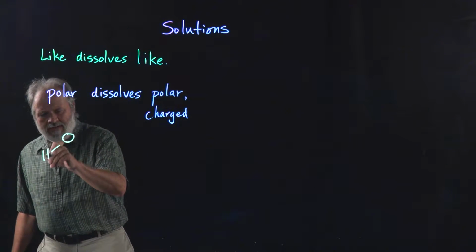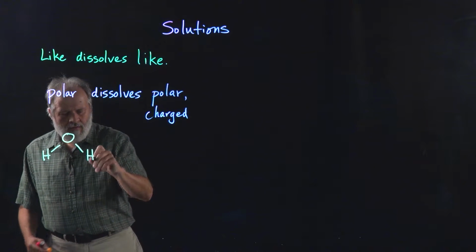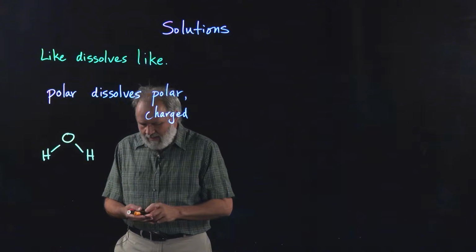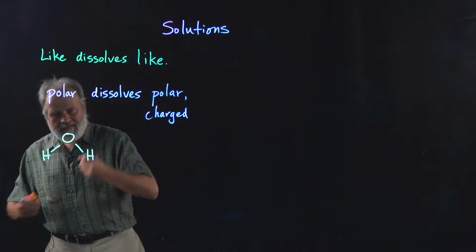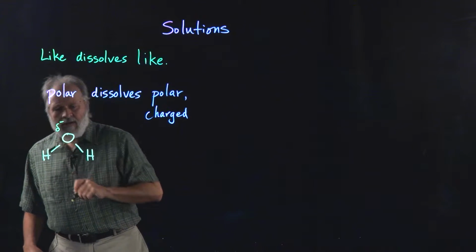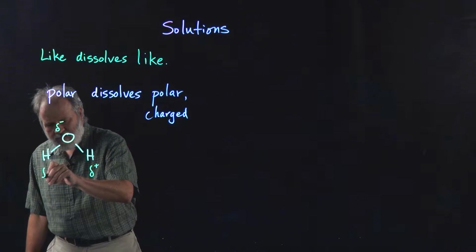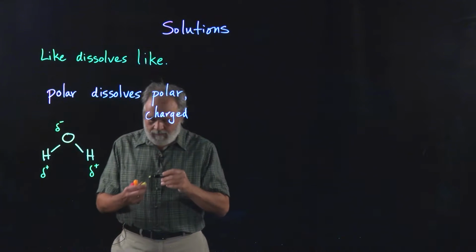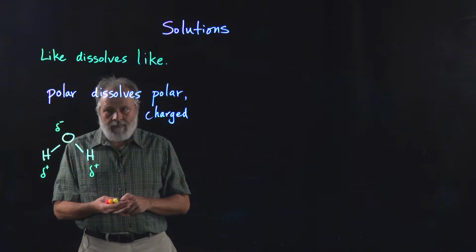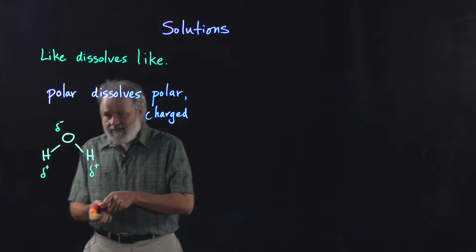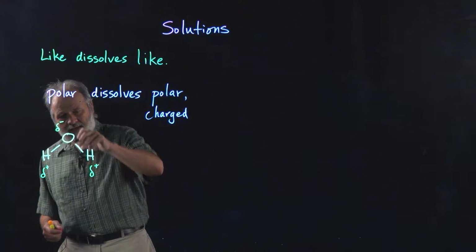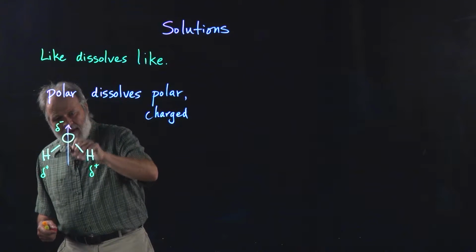It's bent, and it has a partially negative oxygen, delta minus, and partially positive hydrogen atoms. Okay, so that means it has a dipole moment that is in that direction.